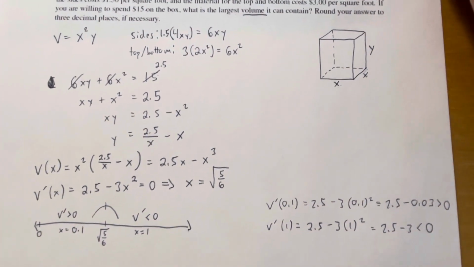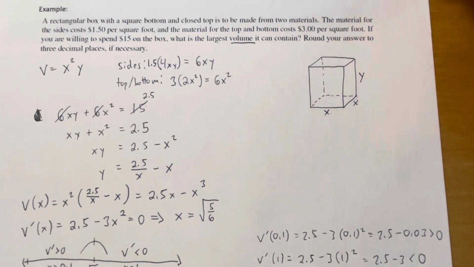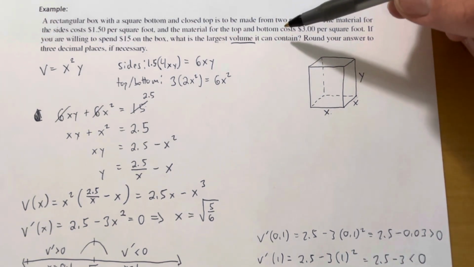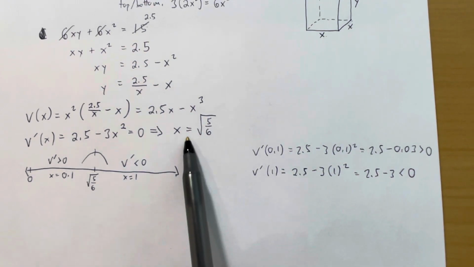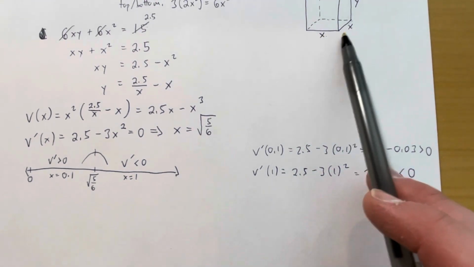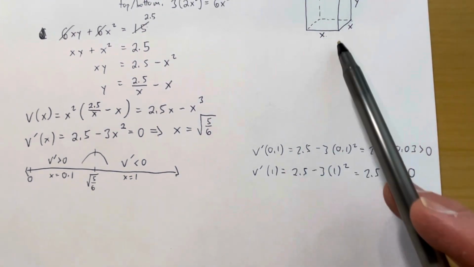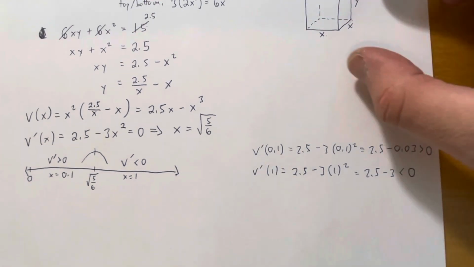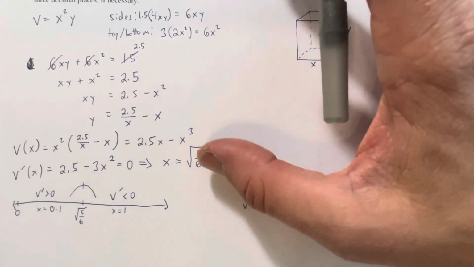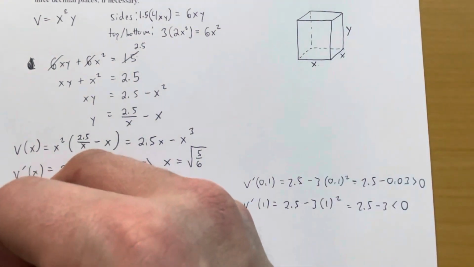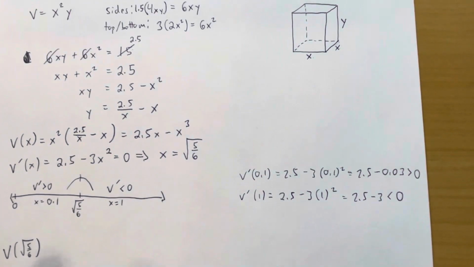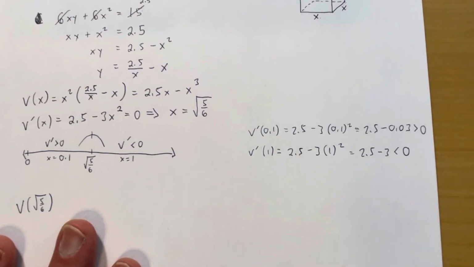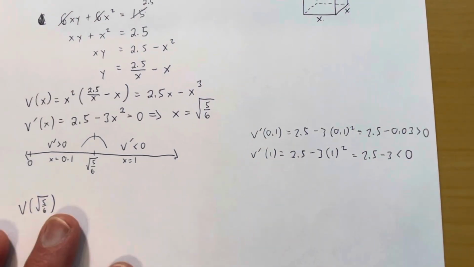So before I jump to an answer, let's look at the question and see what it is we're trying to find. What is the largest volume it can contain? Well, what I just found is an x value at which that maximum value will occur. But what I need to do is find what the actual volume is when I plug this in. So I'm going to find v of the square root of 5/6, because now I've confirmed using my first derivative test that this will give me a maximum volume.